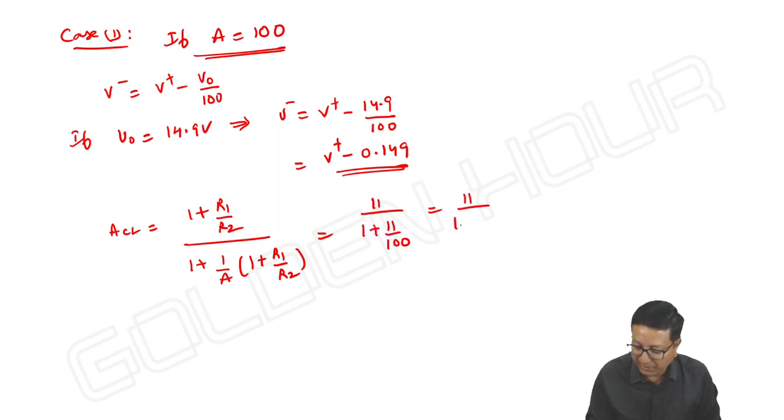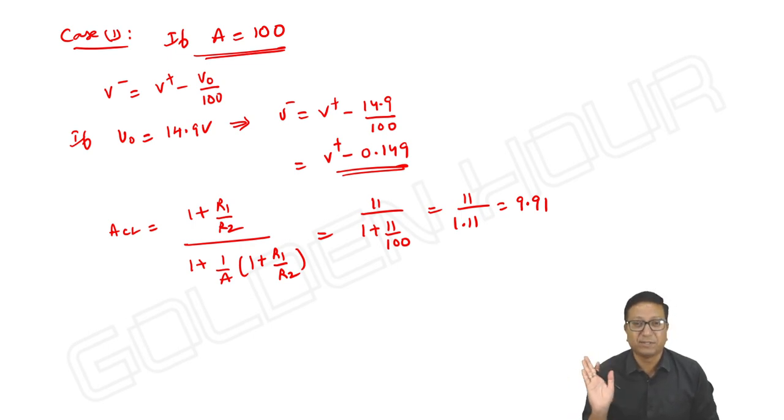It is 11 by 1.11. It comes to around 9.9091. I'm writing the value approximately. It comes to something close to 10.